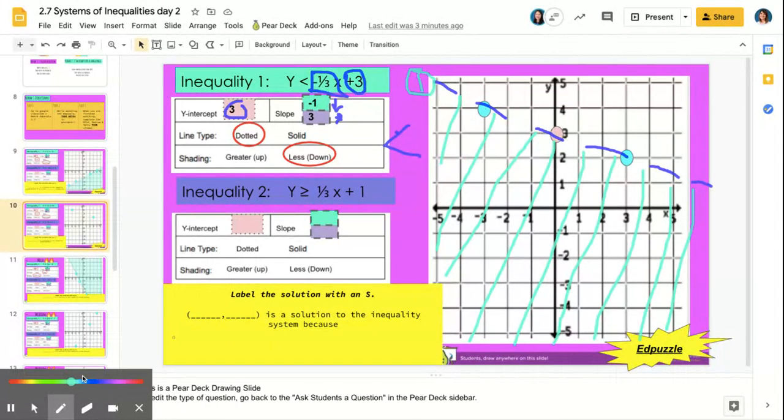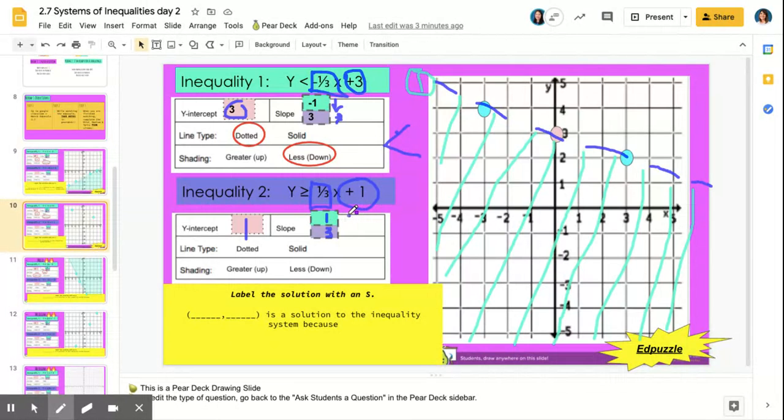All right, now let's look at inequality number 2. What is the y-intercept? The y-intercept is number 1 because that's the number by itself. So that means the slope is 1/3. What does that tell me about the direction?